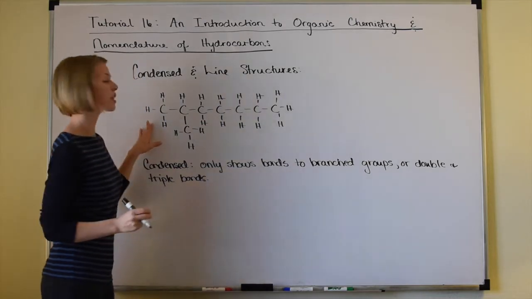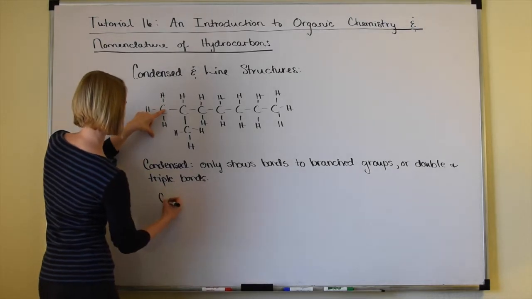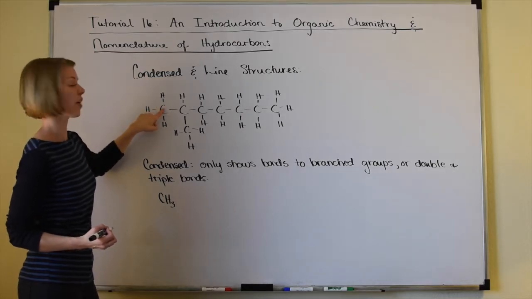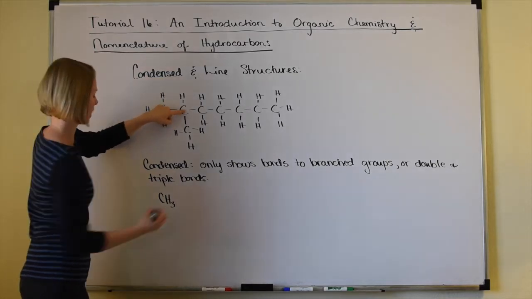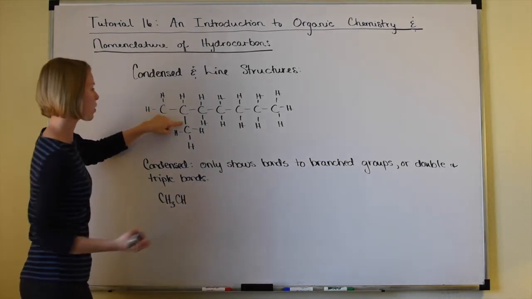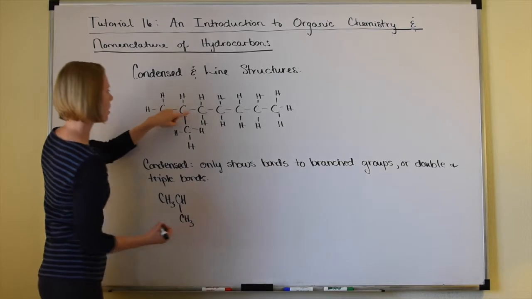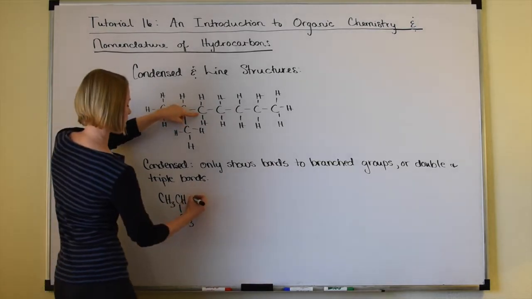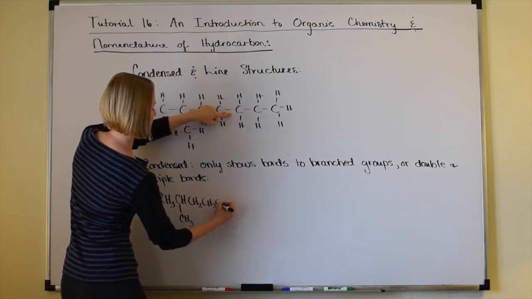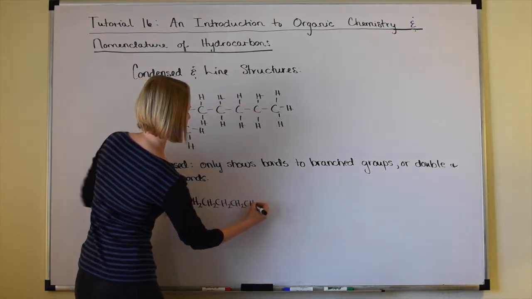When we convert this into a condensed structure, we're going to just write CH3 for this first carbon and 3 hydrogens that are attached to it, followed by a CH. This carbon just has 1 hydrogen. Now we're going to show the bond to the branch group, which is a CH3, and then we're going to write our CH2 for the next carbon, another CH2, another CH2, another CH2, and finally a CH3.